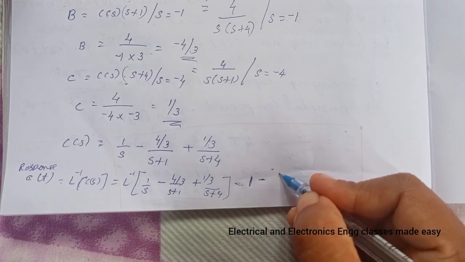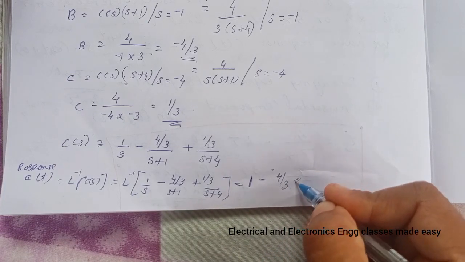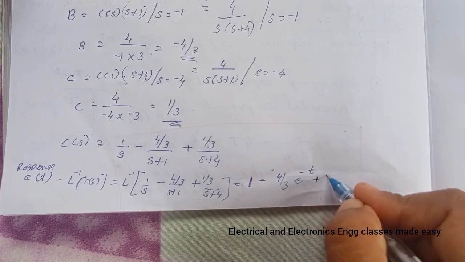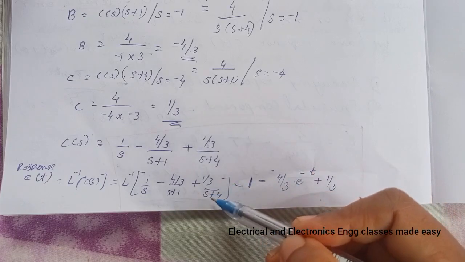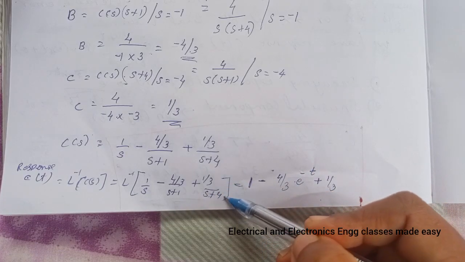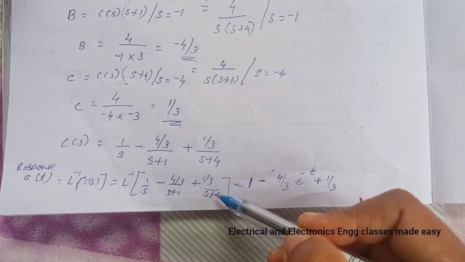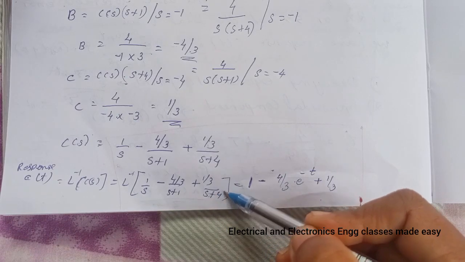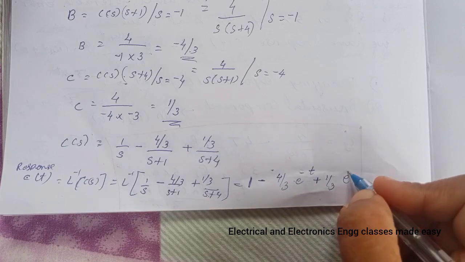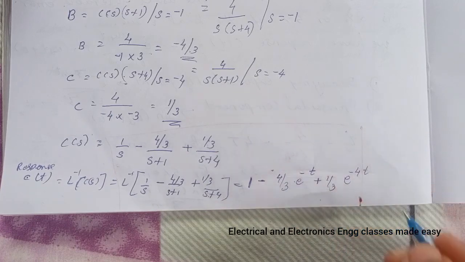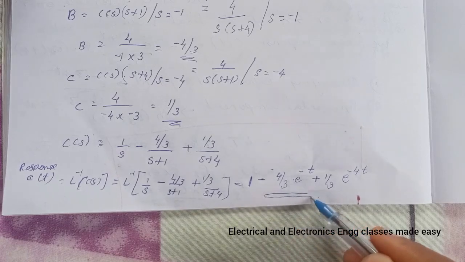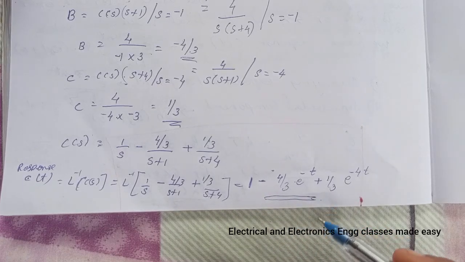That is 4 divided by 3 into e raised to minus t, then plus 1 divided by 3 into the inverse Laplace transform of 1 by S plus 4, which is e raised to minus 4t. So this is the response of the given system.